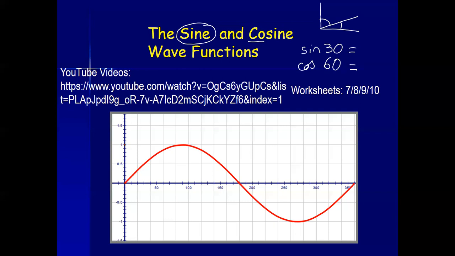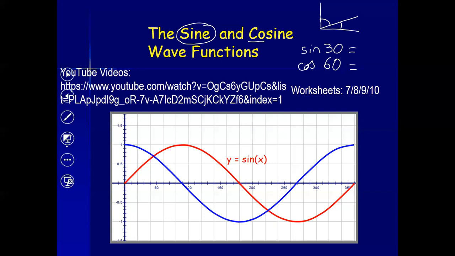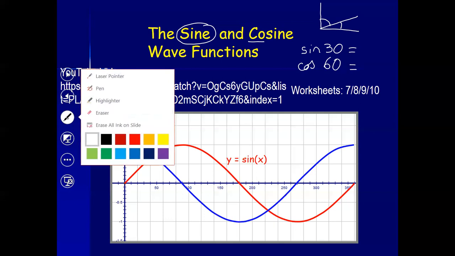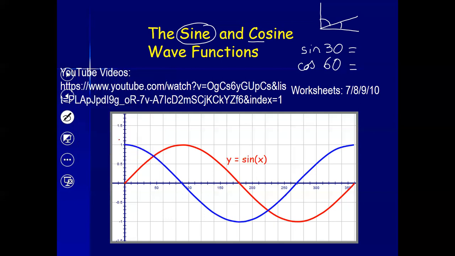And now you can see, if I've got here the cosine signal at 45 degrees, when you reach 45 degrees, you'll have exactly the same value here.